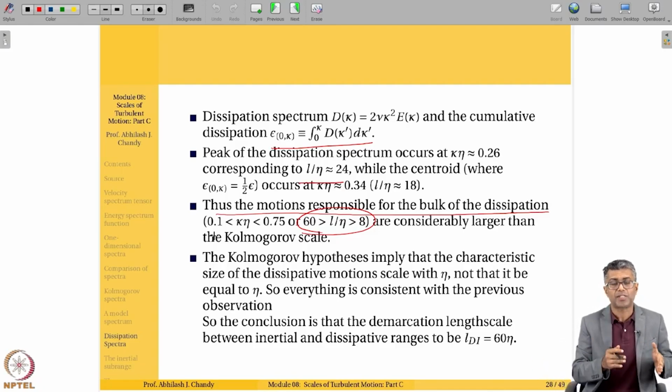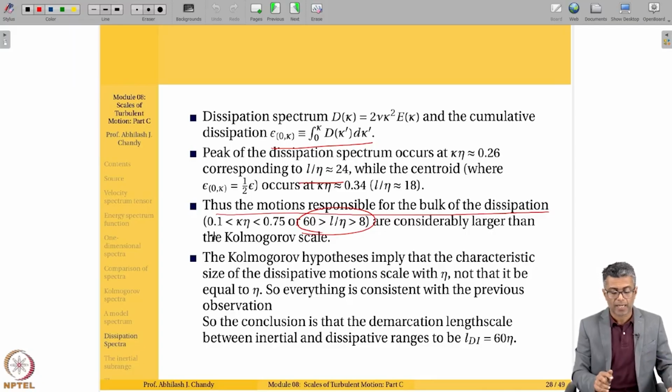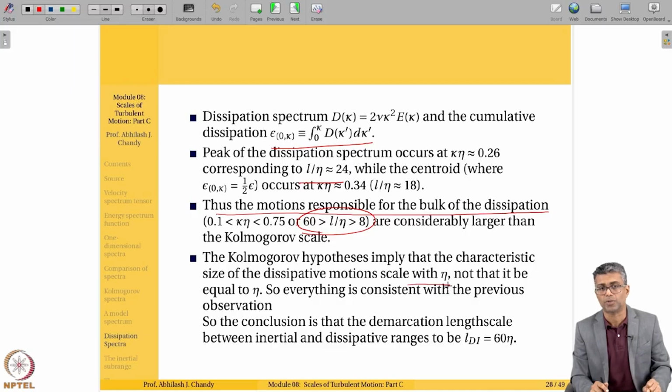And between 8 and 60 eta, much larger than the Kolmogorov scale. So what we are saying is that the Kolmogorov hypothesis implies that the characteristic size of the dissipation motion scales with eta, and it need not be equal to eta. It scales with eta. So everything is consistent.